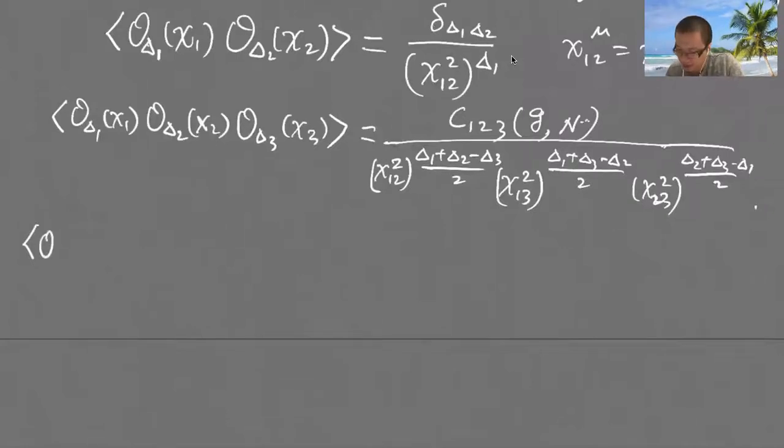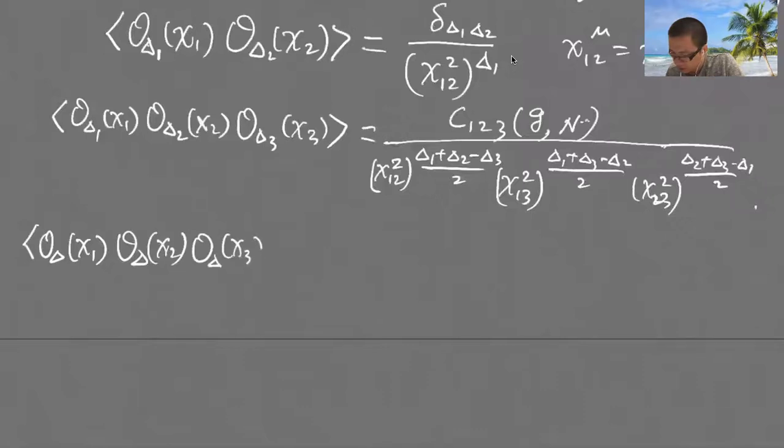Say, consider operators with a single dimension, at positions 1, 2, 3, 4. So now it's a function of x1, x2, x3, x4. However, conformal symmetry fixes it to be a function of 2 variables.